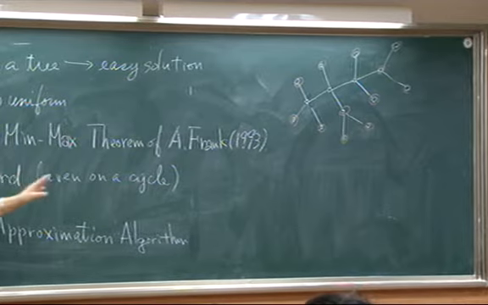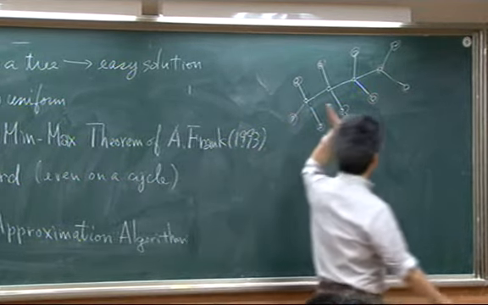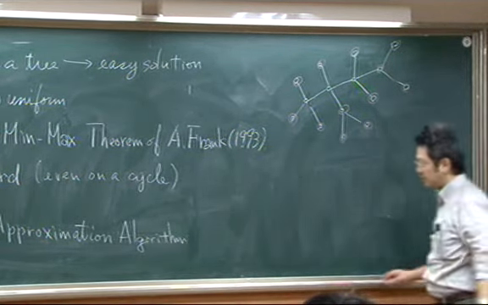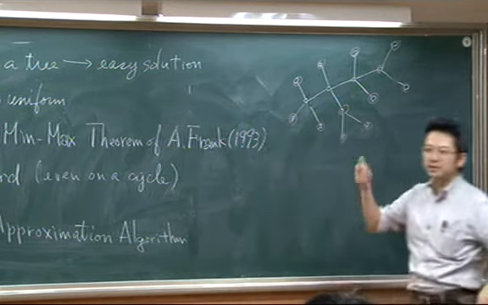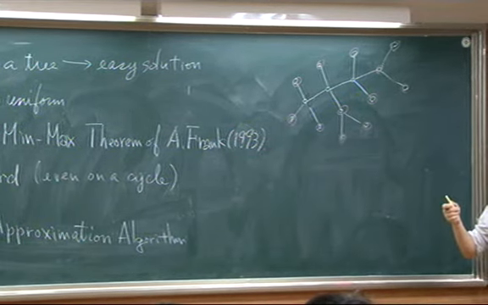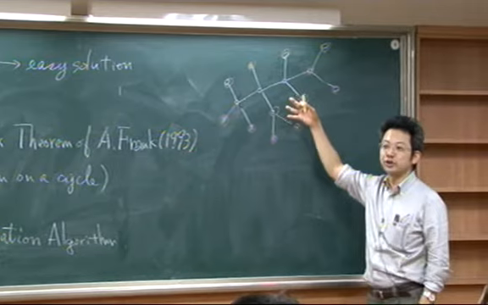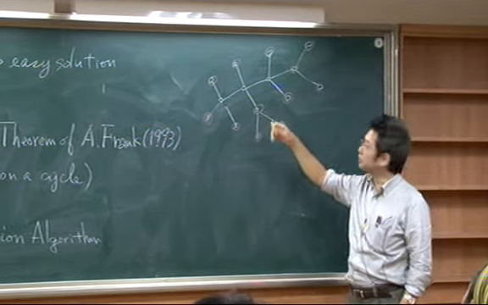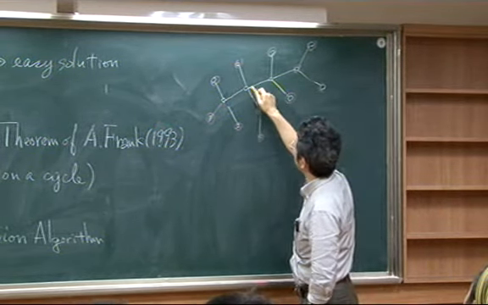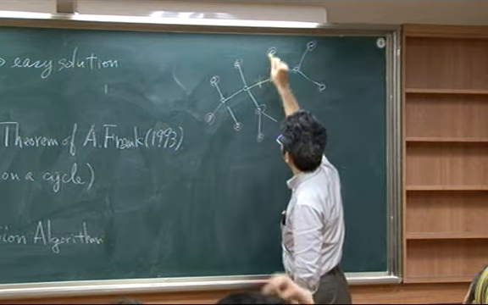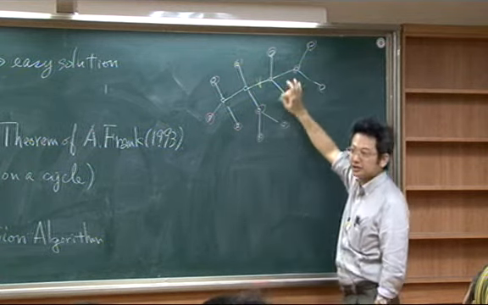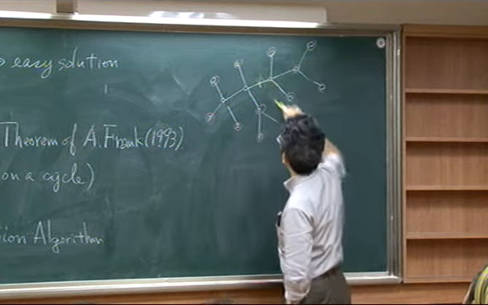Now, if I set T in that way, then I want to claim that our minimum weight T-join must be the entire tree. Because if you take an arbitrary edge and delete it, then you have a cut.